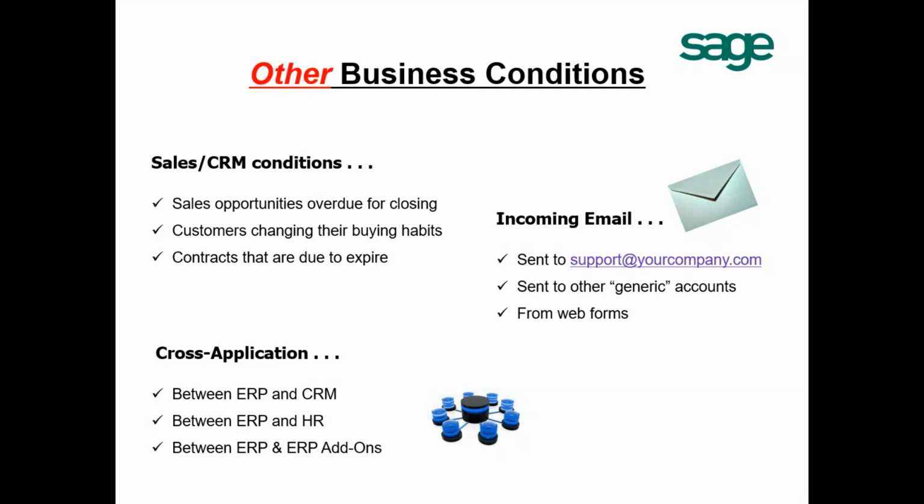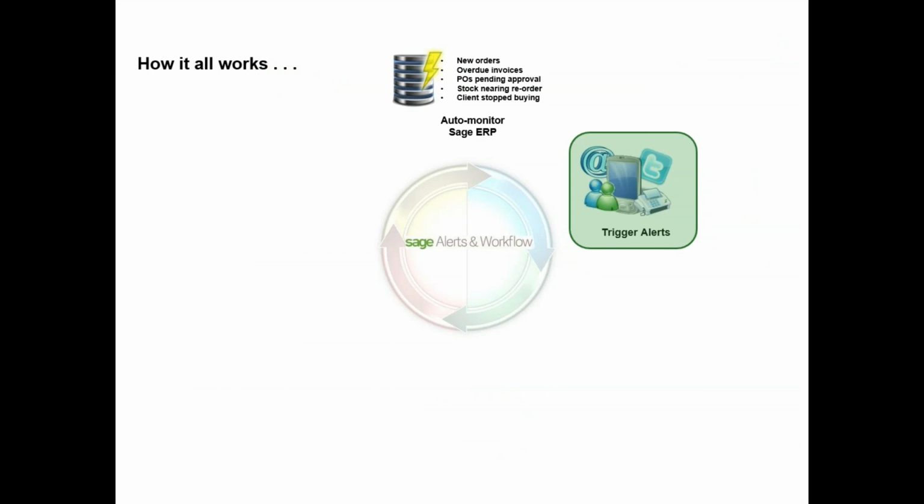Because a technology like Sage Alerts and Workflow not only allows you to monitor your Sage ERP data, but it also enables you to monitor all of your other applications or data sets, whether it's sales or CRM data, HR, human resources data, even business conditions that exist between multiple applications can be automatically monitored, identified, and responded to by Alerts and Workflow.